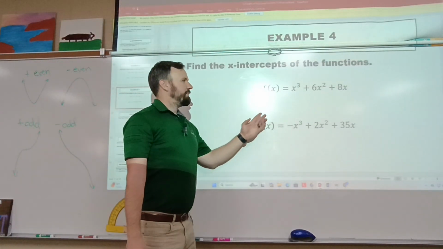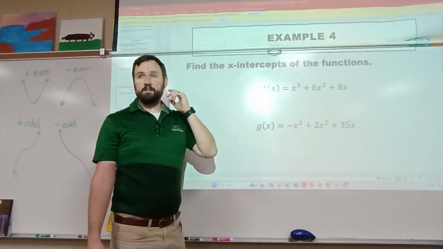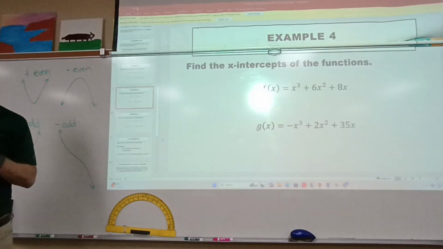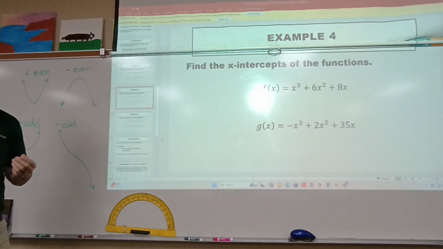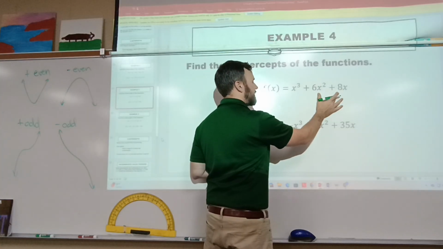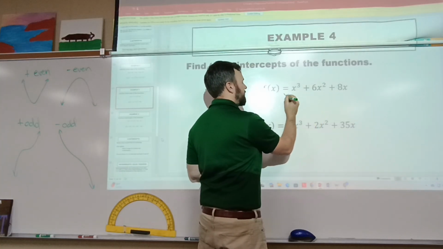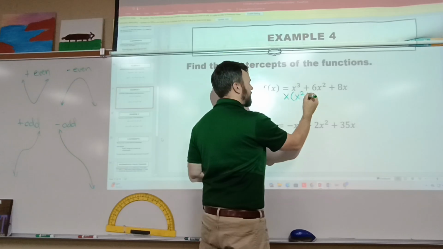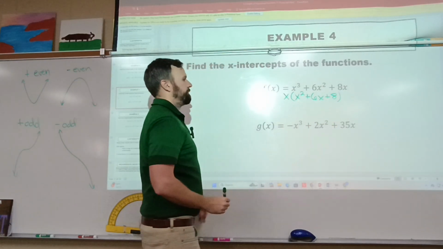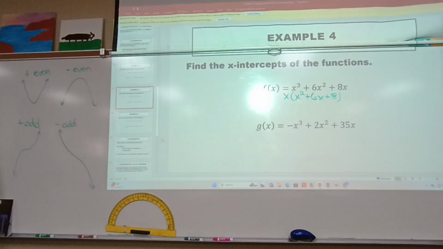All right. Is this something I can factor? For this first set, I'm going to make sure all the problems are relatively easily factorable. So is there something I can pull out of all these? An x, right? So I'm going to pull an x out. Once I pull that x out, it looks more familiar, right?